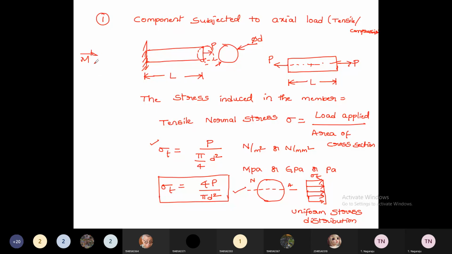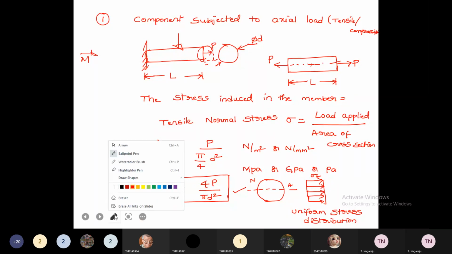Force also has a line of action, where it is acting, whether radially, perpendicular, or axially. That is also an important aspect.